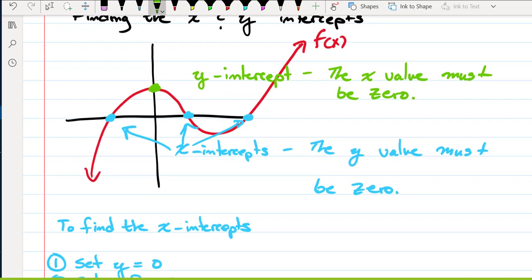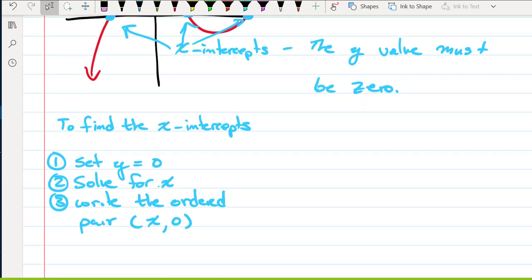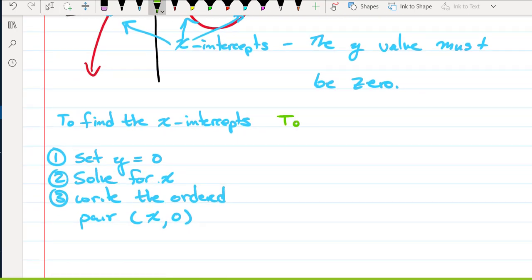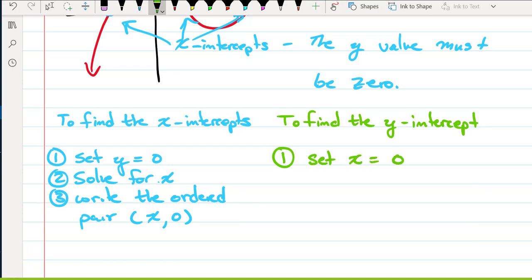Similarly, we're going to do the mirror process for the y-intercept. So this time, instead of setting y equal to 0, we're going to set x equal to 0. And then this time, instead of solving for x, we're going to solve for y.